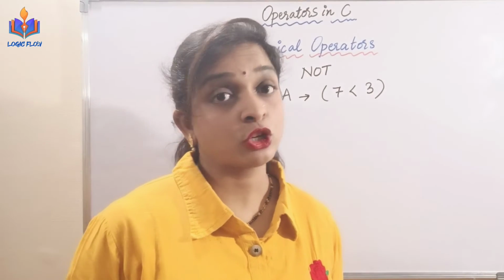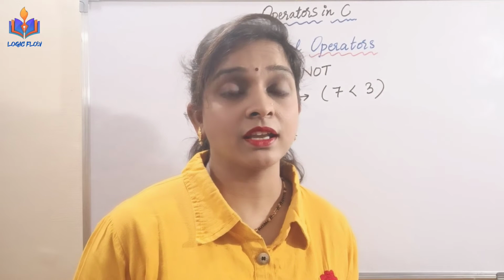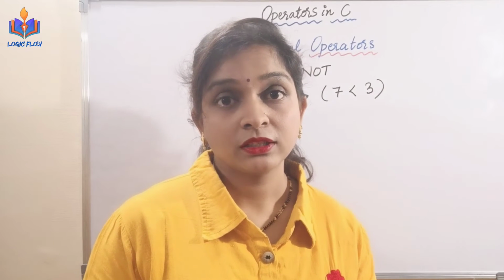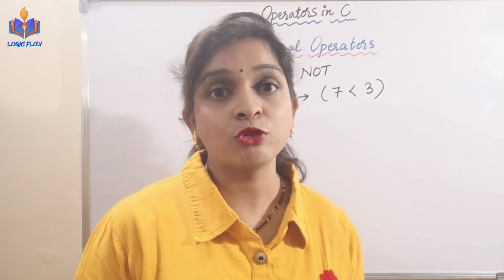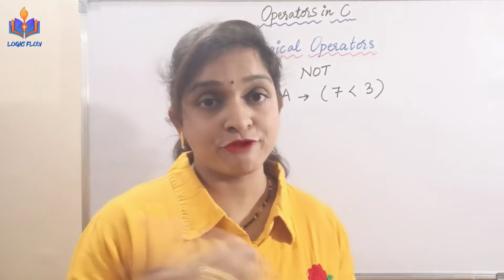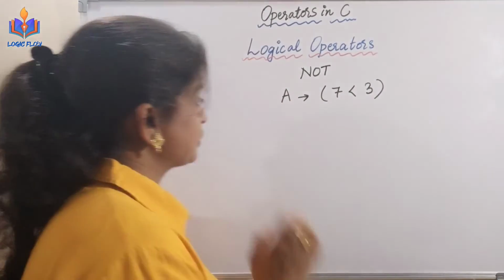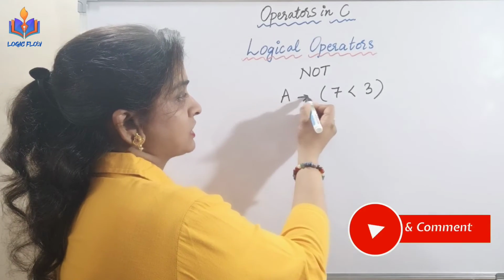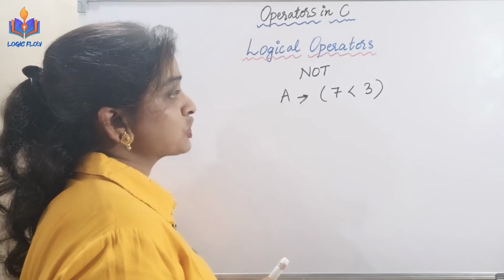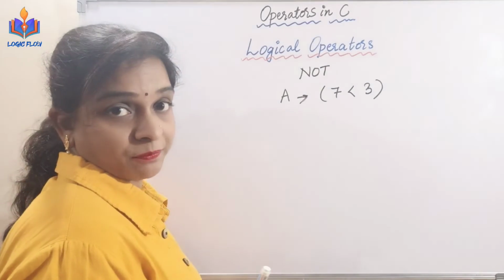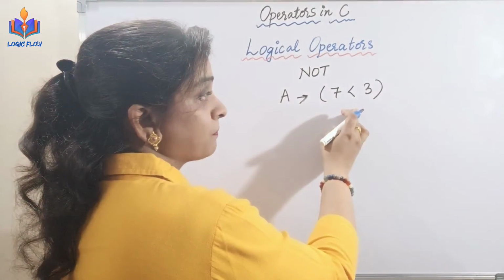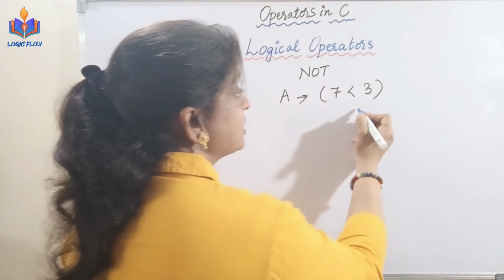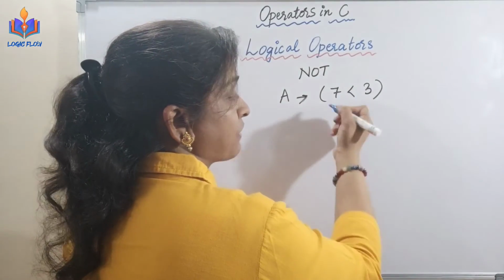So let's talk about logical NOT. NOT, I said, is like a complement. I give the Boolean value true, I'll get false. I give false, I'll get true. So let us check this. I have the expression A, which is 7 less than 3. Is 7 less than 3? No. The condition is wrong. 7 is not less than 3.